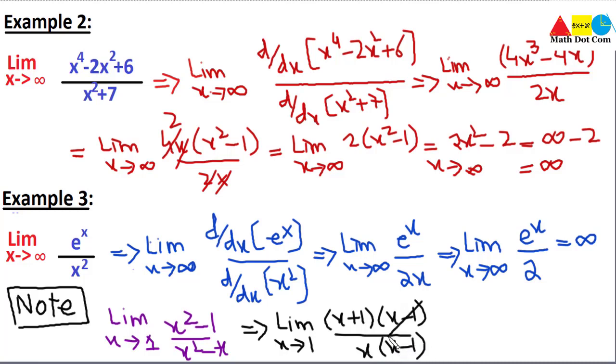So in this case this is cancelled out, and what we will get is limit x approaches to 1, and in the numerator we have x plus 1, in the denominator we have x. So now we can just put the value of x in this function, and what we will get is 2. So this is the right answer, and we do not have any indeterminate form at the end. So it is not necessary to apply L'Hopital's rule in every case.